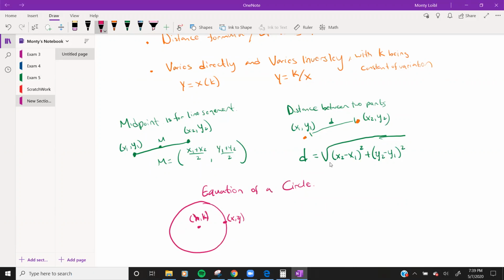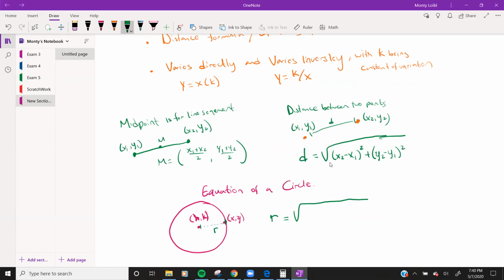So you're looking for the distance from the outside of the circle to the center point. And we know the distance from the center to the outside of the circle is called the radius, which is r. So here, you're really looking at r is equal to the square root.